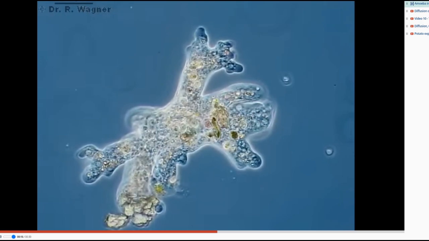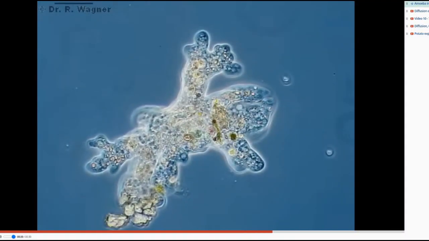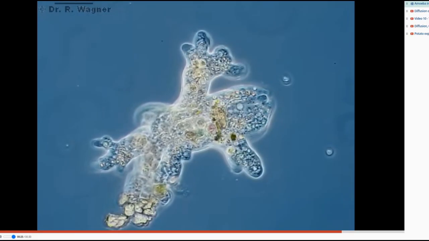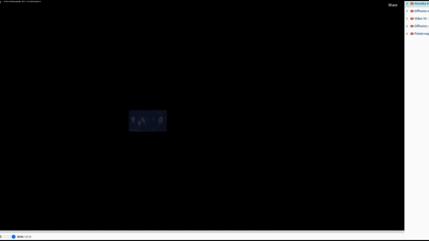So you can see the cytoplasm is moving and allowing for the formation of pseudopods. Those extensions are going to allow it to move and take in food. So this is how a typical amoeba will look under the microscope. So you've got an idea there.